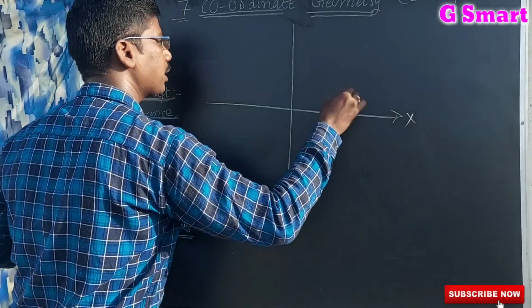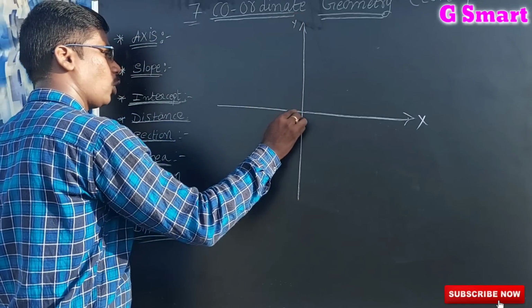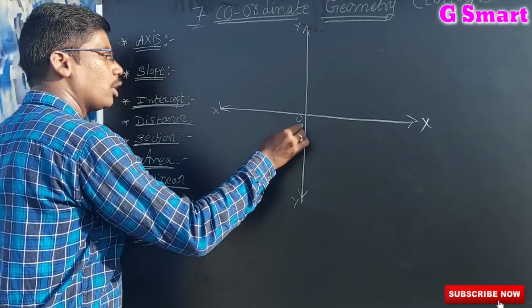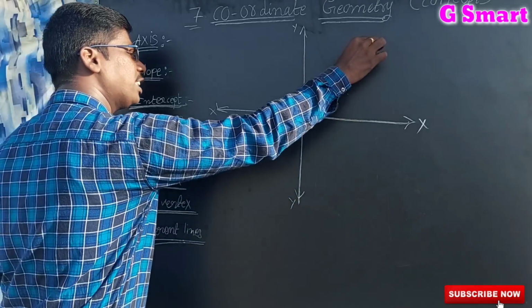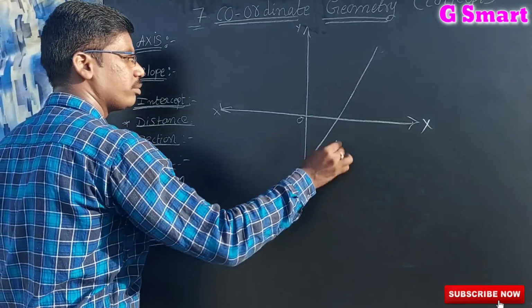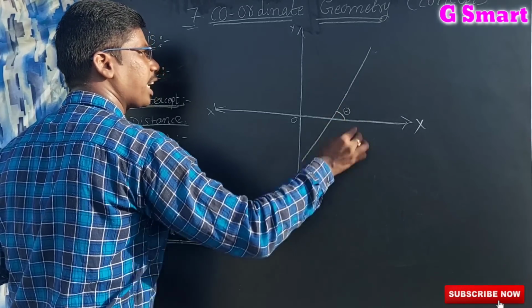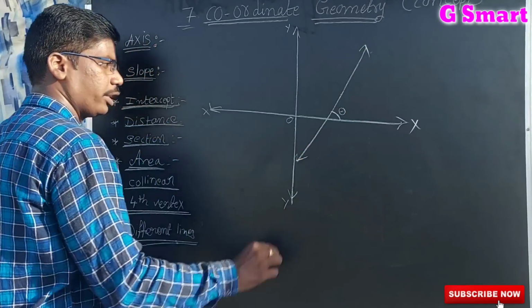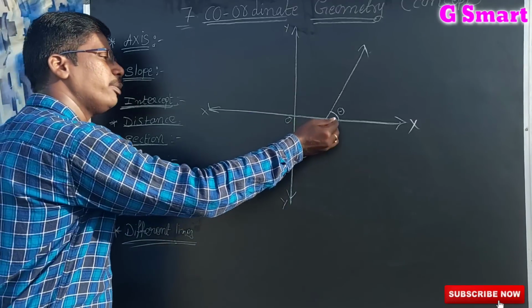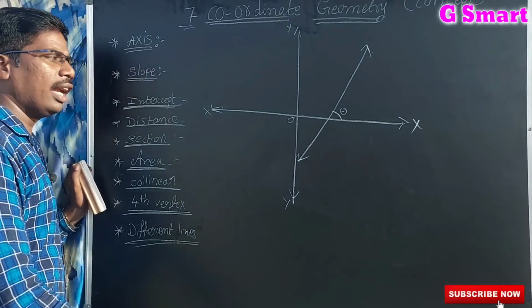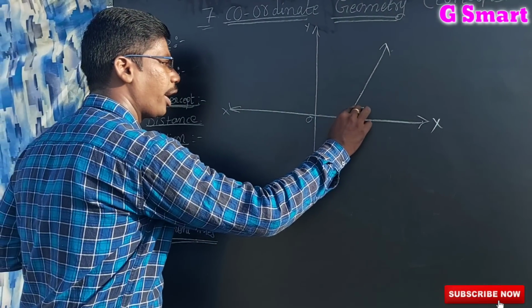So this is the x-axis, this is the y-axis, this is the origin, this is x dash and this is y dash. Now if any line is making some angle with x-axis in positive direction, that is called inclination.